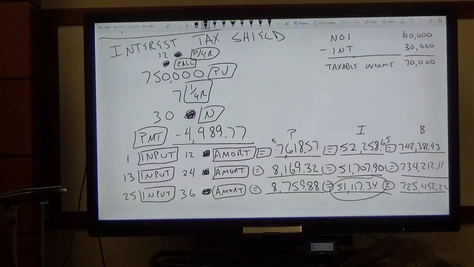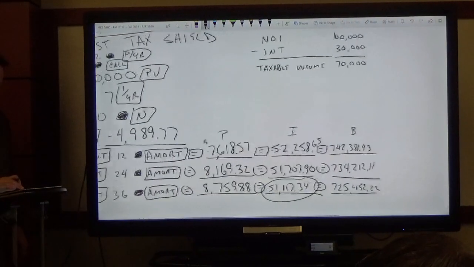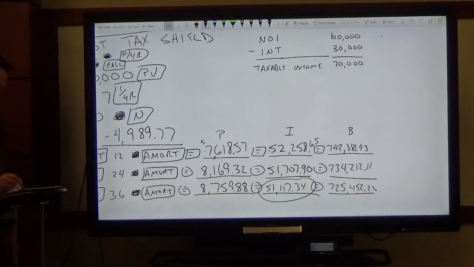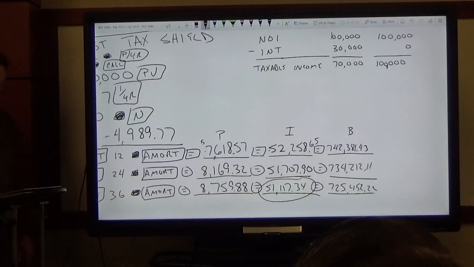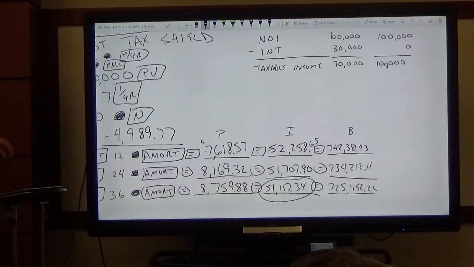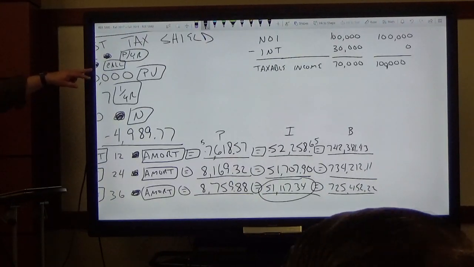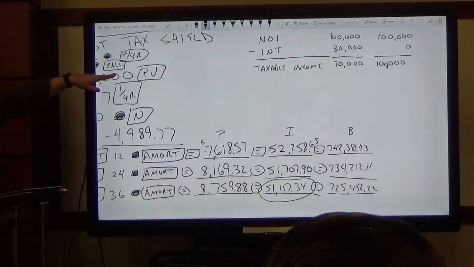Now, if we were to not receive that, our taxable income would be the full 100,000. Does that make sense? So in other words, the tax deduction is a reduction in our taxable income.